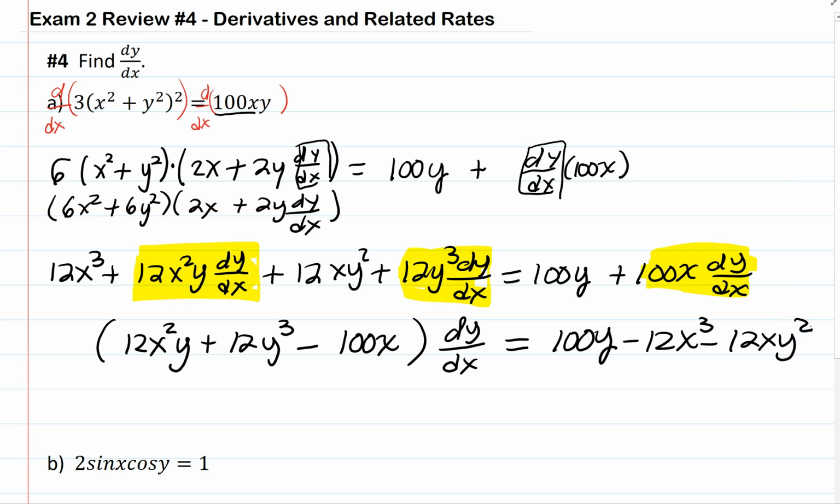And then the last thing to do is to go ahead and divide by this long thing right there to get dy dx by itself.